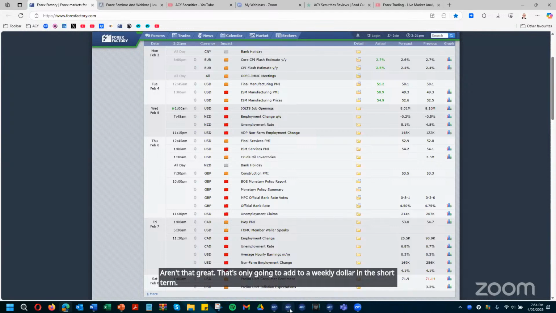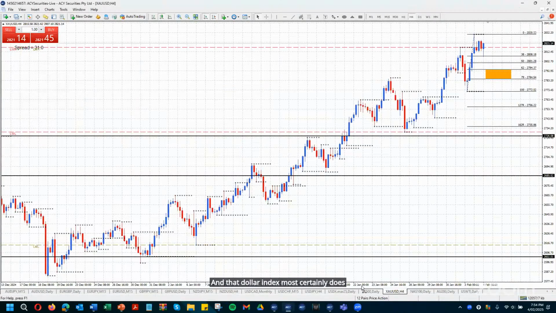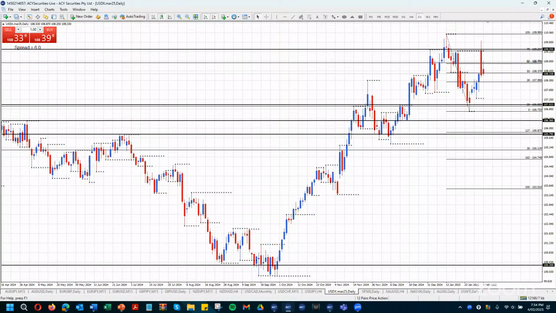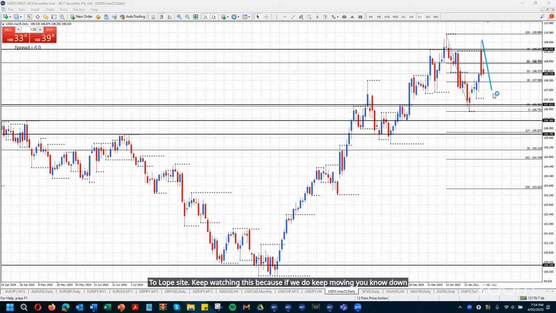And that dollar index most certainly does look a little bit like the gap up. Is there a head and shoulder pattern forming here of some form at that 79% point of high to low? So keep watching this, because if we do keep moving down, this is going to start to form a bearish structure for sure.